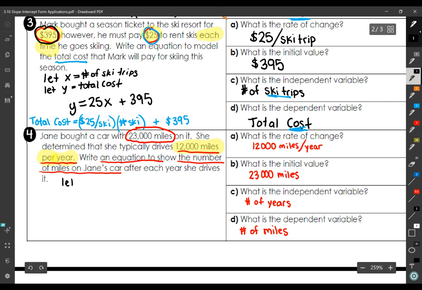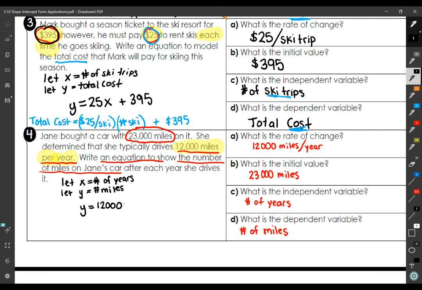All right, so let's put it all together. We're going to let X represent the number of years. We're going to let Y represent the number of miles on her car. So Y is equal to 12,000 times X plus 23,000.